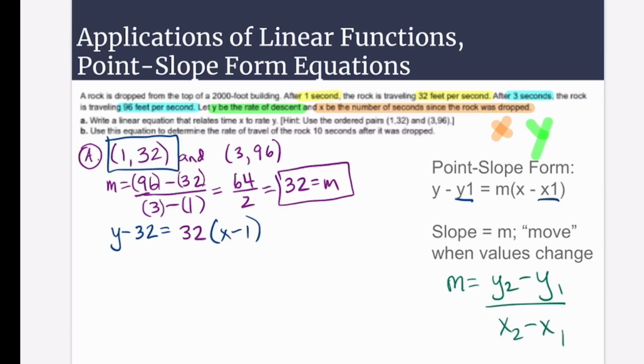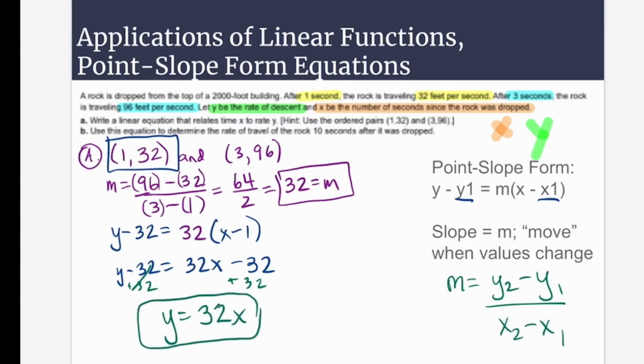So we can distribute: y minus 32 equals 32x minus 32. Add 32 to both sides. Y equals 32x. So there is our equation. And that's relating the time to the rate.